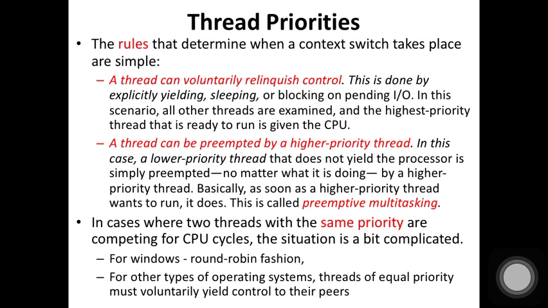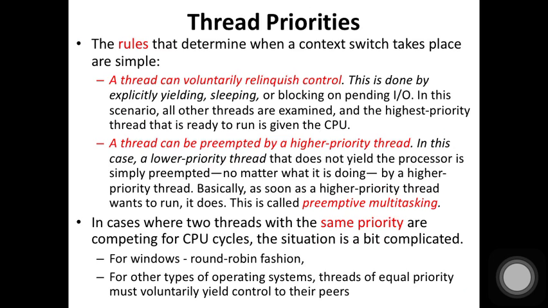The second one is that a thread can be preempted by a higher priority thread. So whenever any thread has high priority, it has to execute before this particular running thread. At that time it simply preempts the running thread, and the CPU is handed to the high priority thread. And one more situation takes place here.